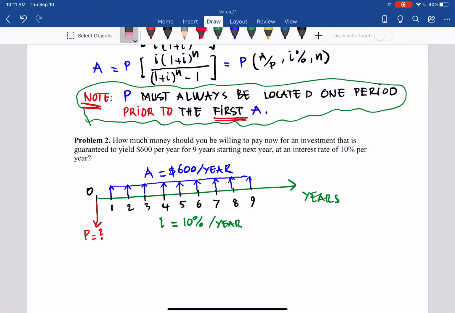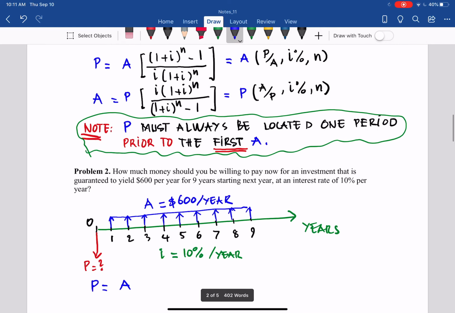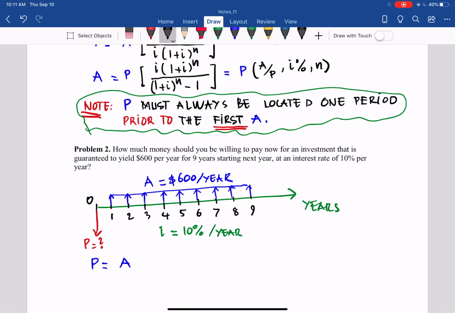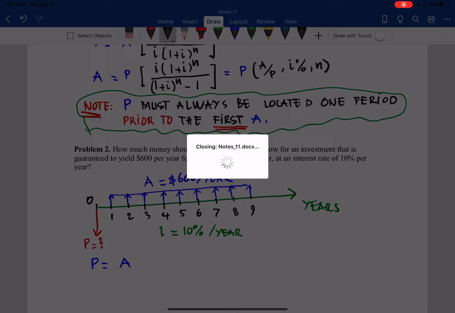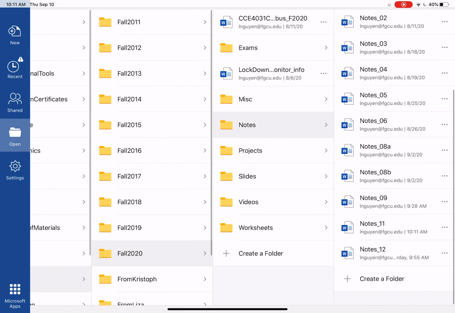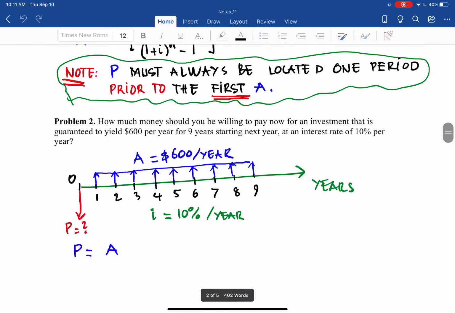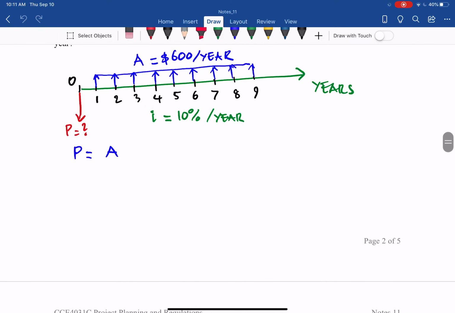We can use the equation or use the table. Let's use the equation: P equal to A times (1 plus I) power n minus 1, over I times (1 plus I) power n.